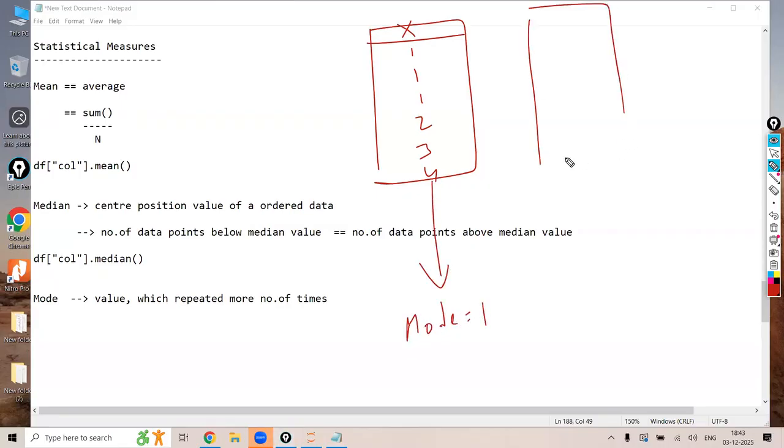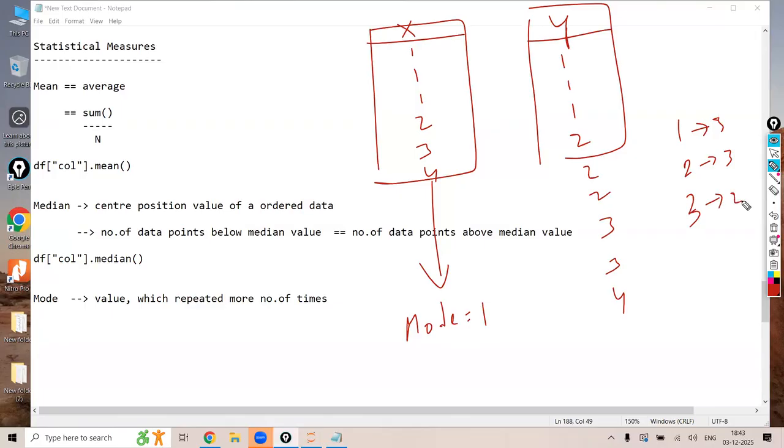Next, example number 2. No need to ask the question, sir, if two numbers are repeated the same number of times. I will explain multiple examples, just wait. Here you have 1, 1, 1, 2, 2, 2, 3, 3, 4. How many times was 1 repeated? 3 times. 2? 3 times. 3? 2 times. 4? 1 time.